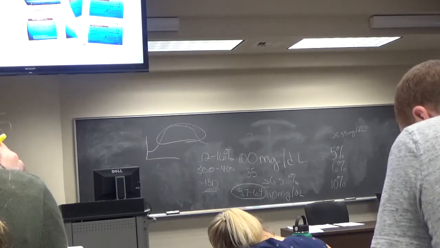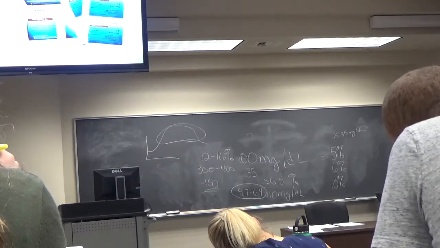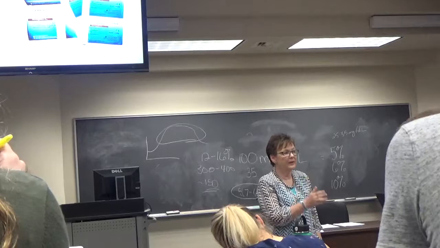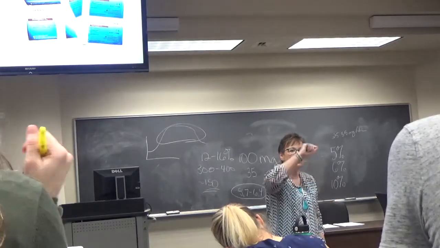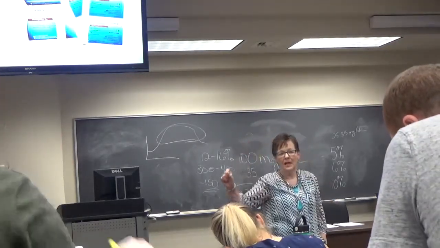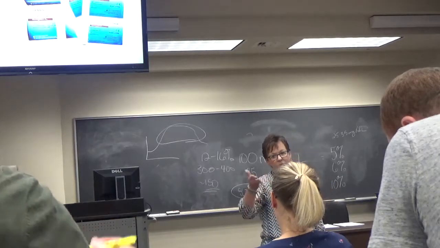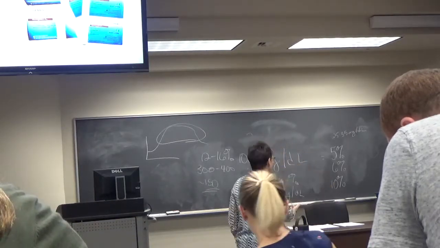So if we can give people a known standard amount of glucose, 50, 75, 100 grams when they're fasting, then we can check their blood sugars. And we can look and see what is it at an hour, what is it at 2 hours, what is it at 3 hours if we need to go out that far.